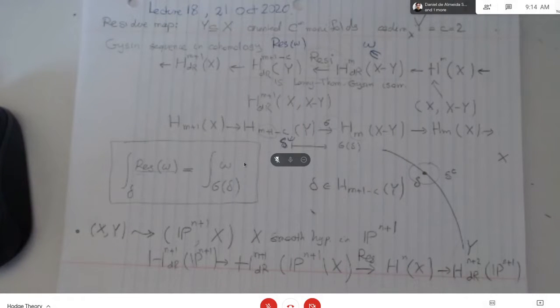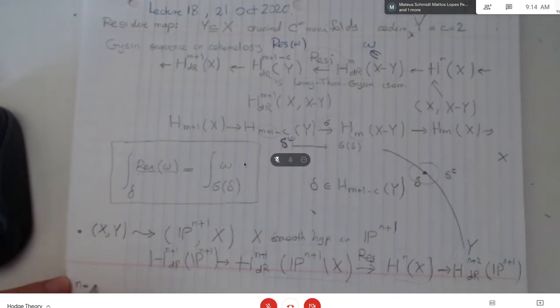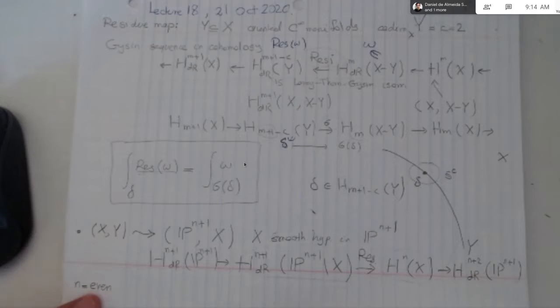Okay, so let me see. In the last lecture, during the proof of the Noether-Lefschetz theorem, I was saying that in order to capture the cohomology of this guy, we need just to understand the cohomology of this hypersurface. Whatever I am saying is valid for arbitrary n, but let us focus on n even, because at the end we will be interested in the Hodge conjecture for hypersurfaces, which is completely open.